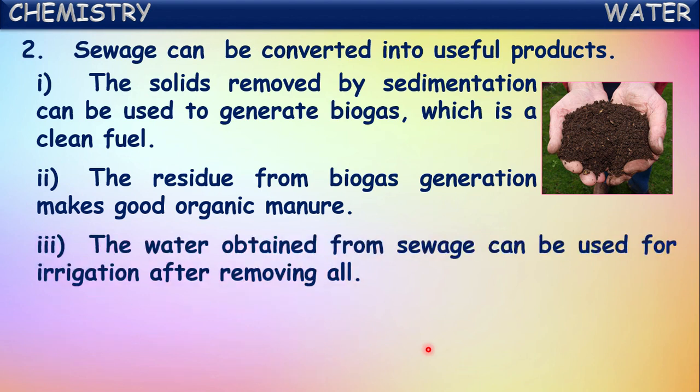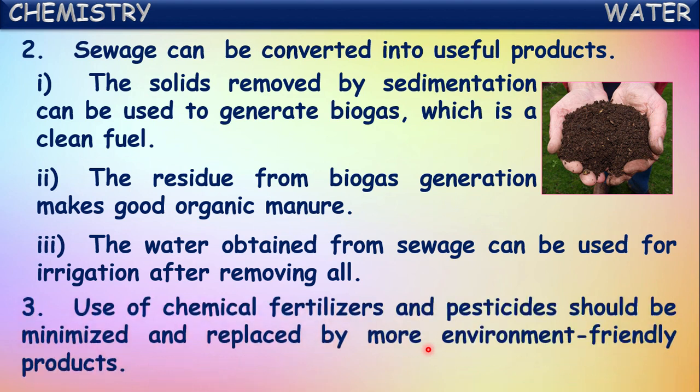The water obtained from the sewage can be used for irrigation after removing all the sewage. Okay, once the wastewater is treated and all the sewage is removed, then that water can be used for agriculture and irrigation. And one more, use of chemical fertilizers and pesticides should be minimized and replaced by more environment friendly products.